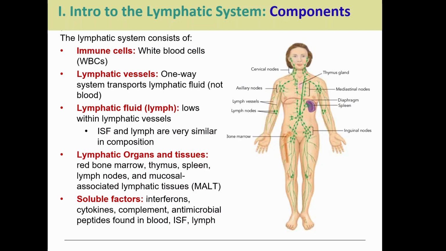We see that associated with things like the GI tract. And then soluble factors. These are going to be small, protein-based things like interferons, cytokines, complement proteins, antimicrobial peptides, interstitial fluid, and lymph. These are just things that we can find dissolved in there. These are smaller components that are used as well.